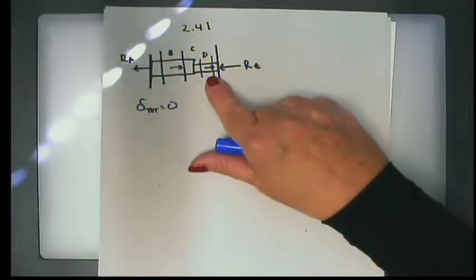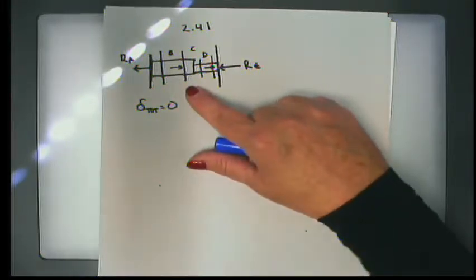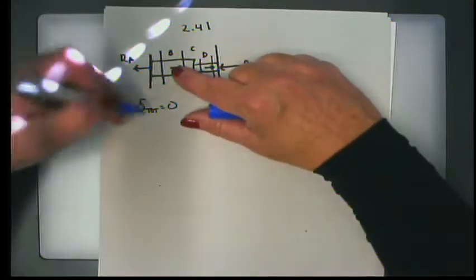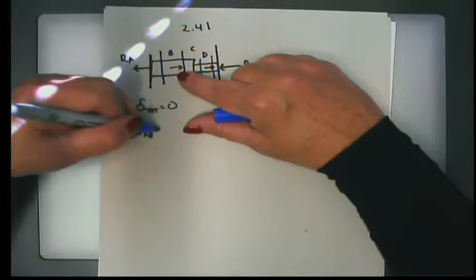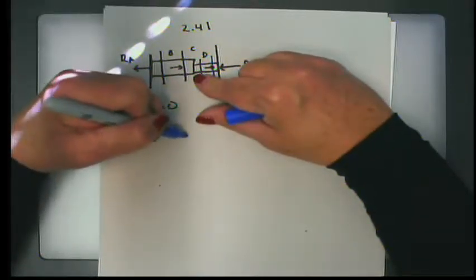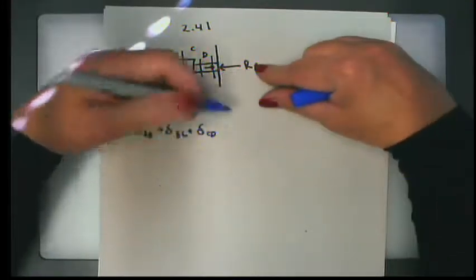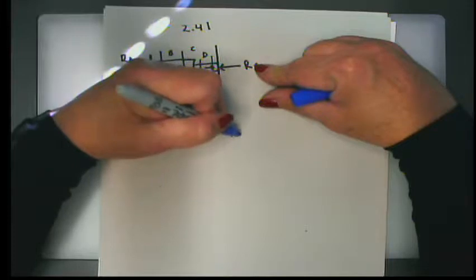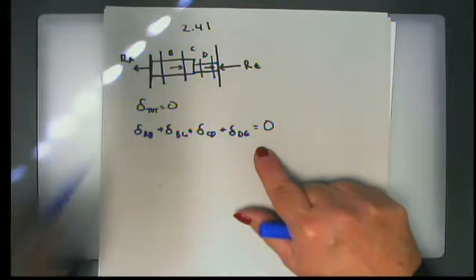So in other words, we have 4 cutaways that we need to do for this composite rod. We need to do the del from A to B and the del from B to C and the del from C to D and the del from D to E. And we know that all 4 of those will add up to 0.